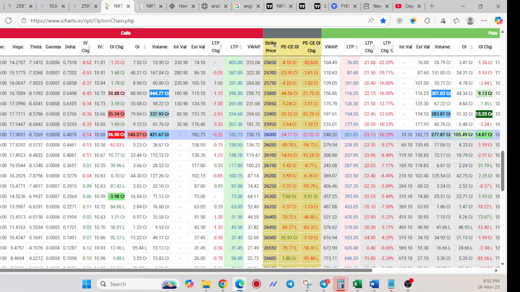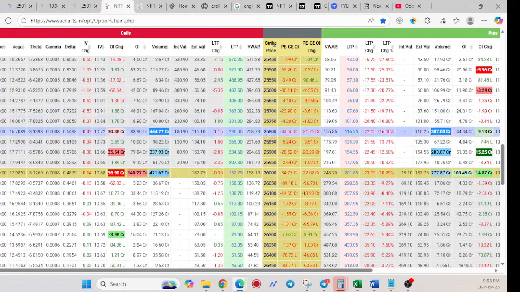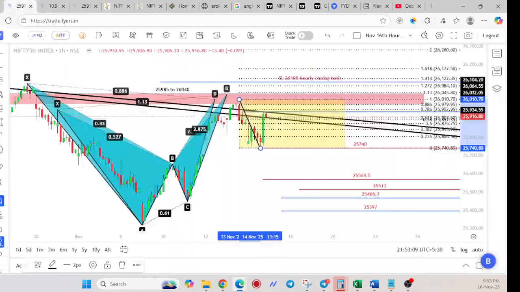So this is telling us that for now we have the highest OI at 26,000. 25,900 is getting the highest support, right? 25,900 becomes the support area and 25,800 is the level that is very important to hold, right? Why 25,800?